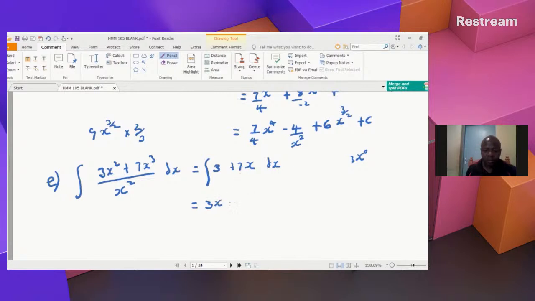And 7x is 7x raised to 1, so 1 plus 1 is 2. That is 7x squared divided by 2. And then you would add a constant of integration at that point.